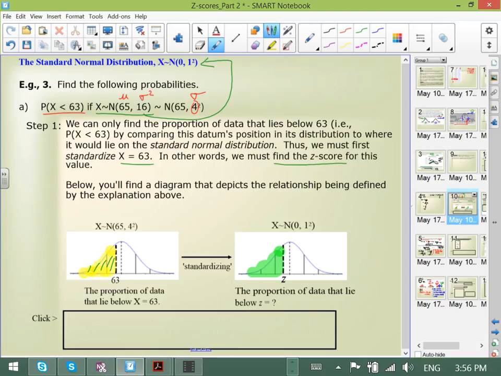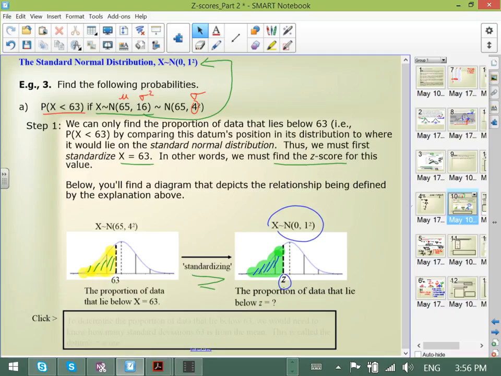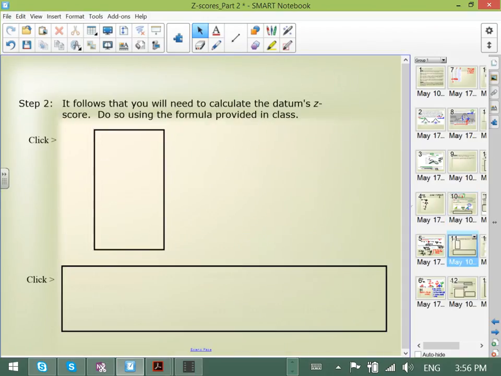Now, through the process of standardizing or finding z-scores, that same area on the standard normal curve corresponds to so many z-scores, or standard deviations, to the left of that value of z. So what we're looking for is this: how many standard deviations is 63 from the mean? Well, we can do that quite easily.